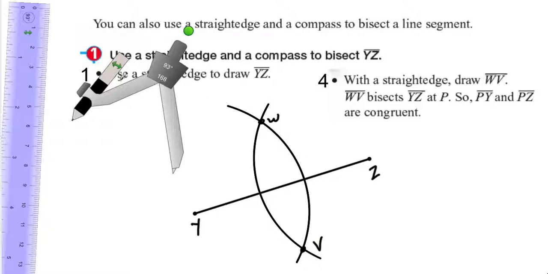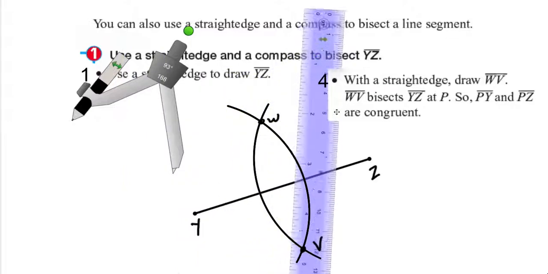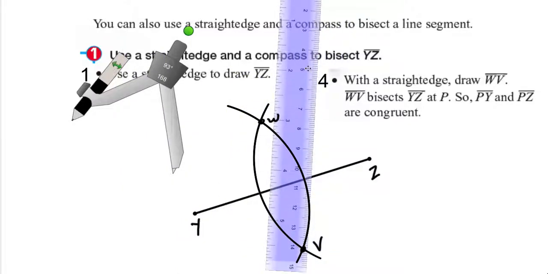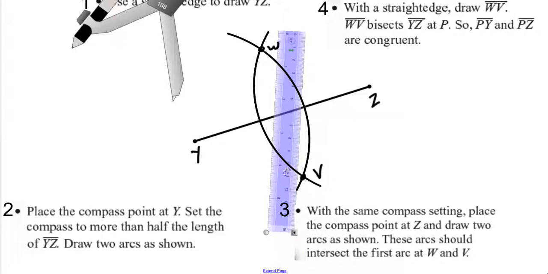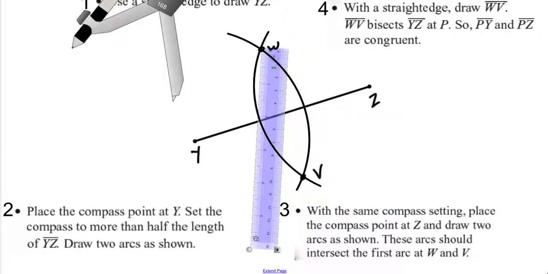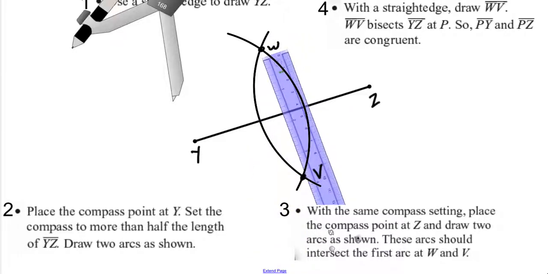And then I'm going to get my straight edge, which is my ruler right here, and I'm going to connect the 2 points. My ruler is too big, so I'm going to make it smaller. Okay, that's small enough, and then I'm going to connect point W and point Z. And I'm going to use that straight edge to draw my segment right there.